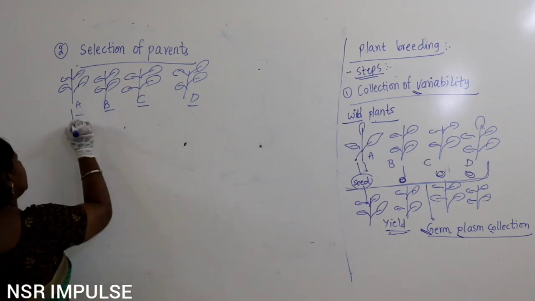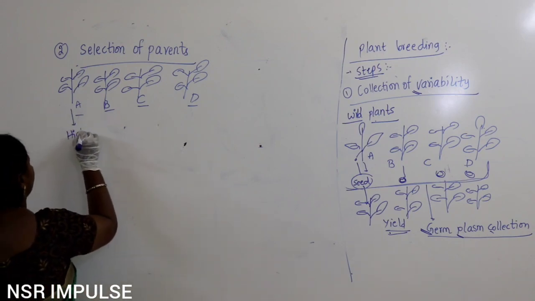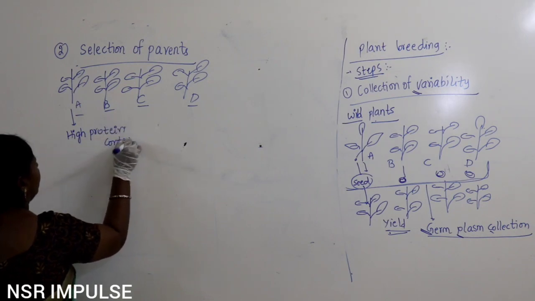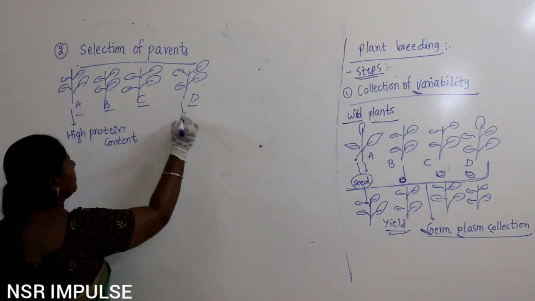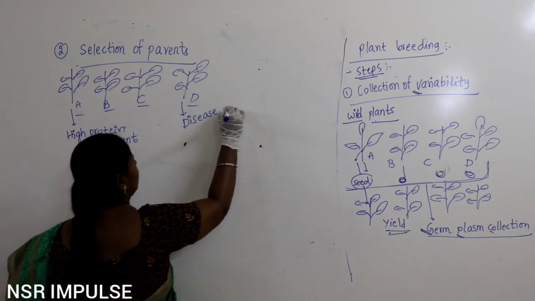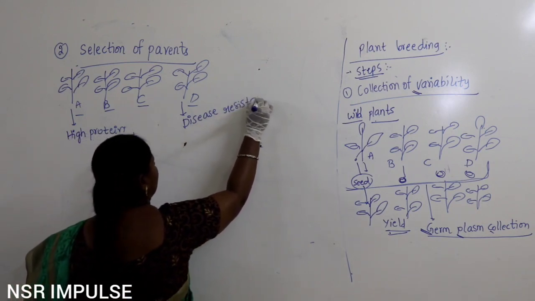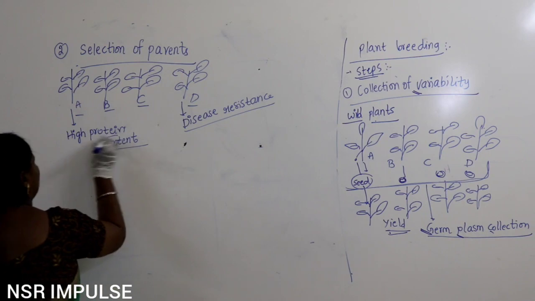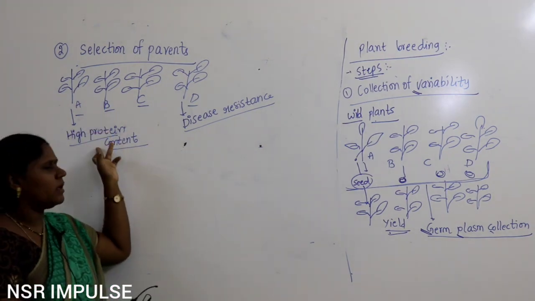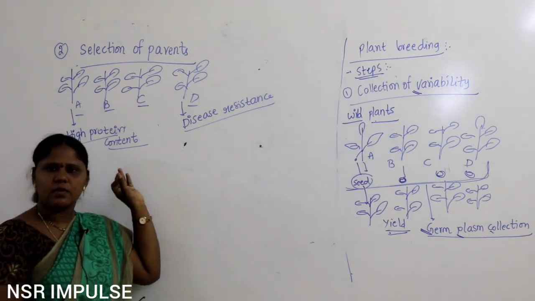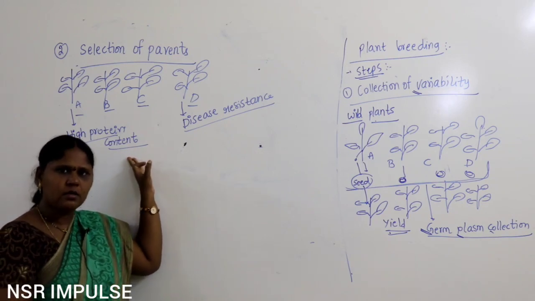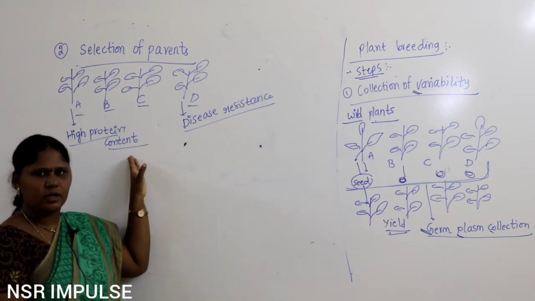Maybe the first plant has the character called high protein content, and maybe plant D has disease resistance. Again I repeat, first plant is having high protein content, meaning quality wise, nutritional wise, it is a good quality of protein, it has high protein content.